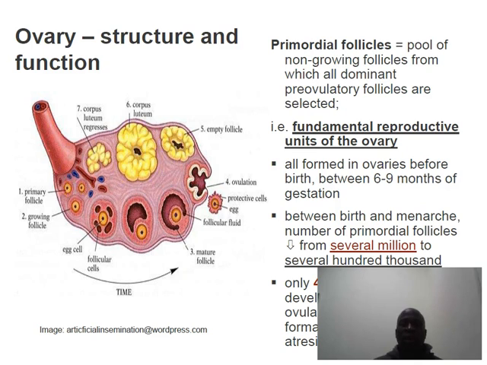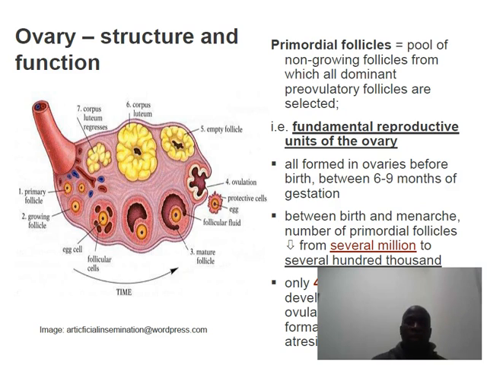The number does not grow or increase at all. So there is a pool of non-growing follicles from which all dominant pre-ovulatory follicles are selected. There is a formal selection among all those follicles, and periodically each follicle develops into an egg, and that egg is released.